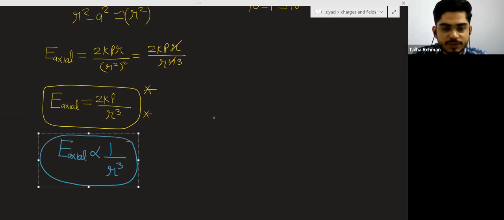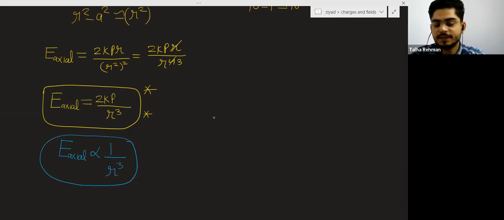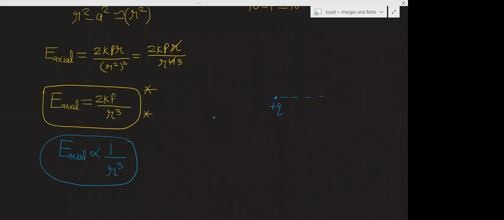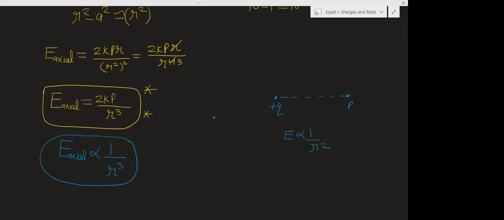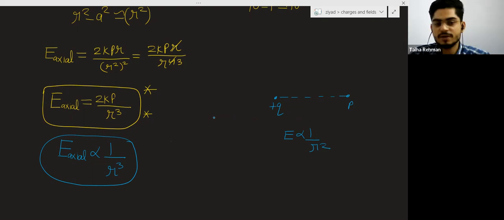Actually, this equation shows that the electric field due to the dipole varies inversely as the cube of the distance. I have told you that if you take a single charge and want to find the electric field at this point, the electric field goes like 1 by r square.